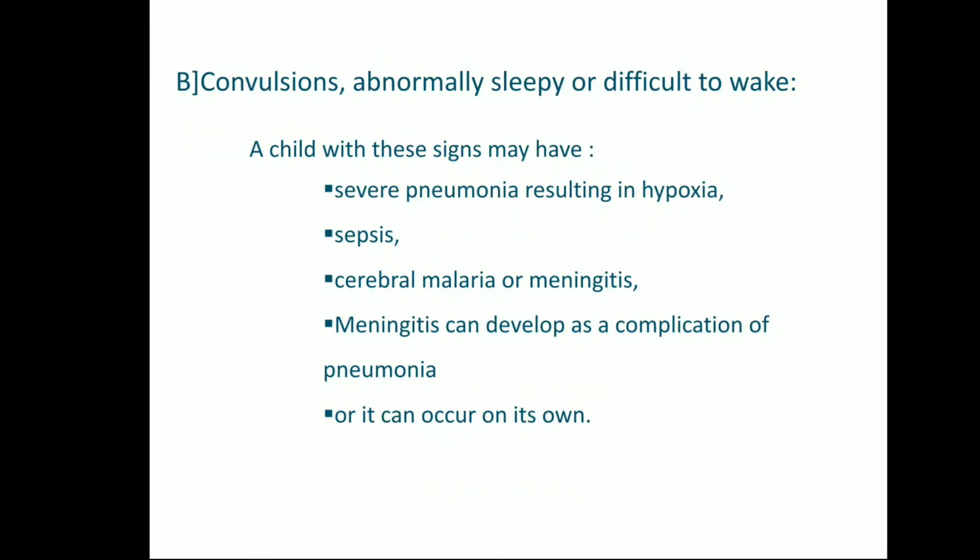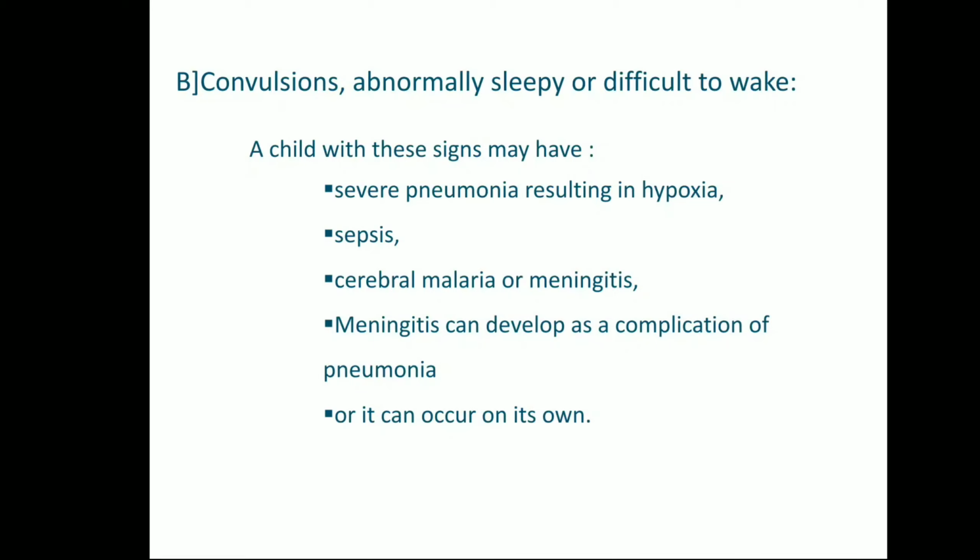And the second sign in the classification of very severe disease is convulsions and abnormally sleepy or difficult to wake. These signs will persist when the child has severe pneumonia resulting in hypoxia, when the child is suffering with sepsis, or when the child has cerebral malaria or meningitis.